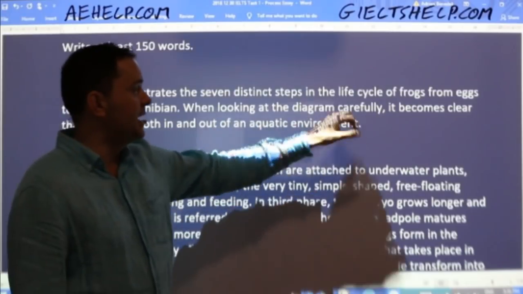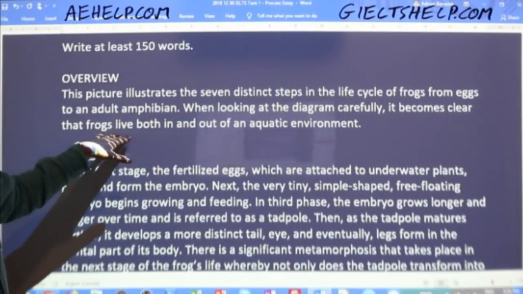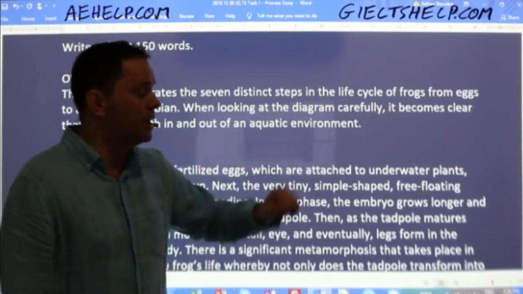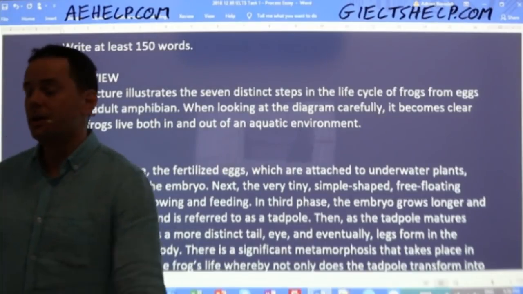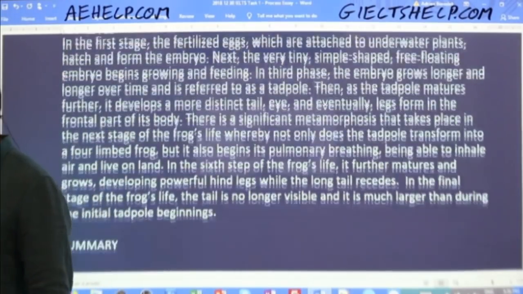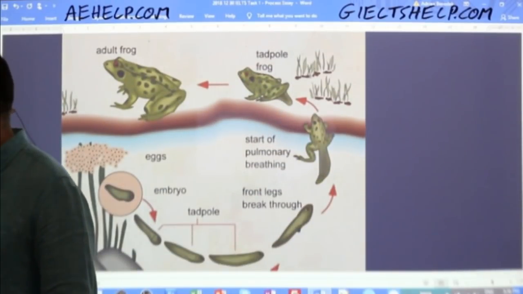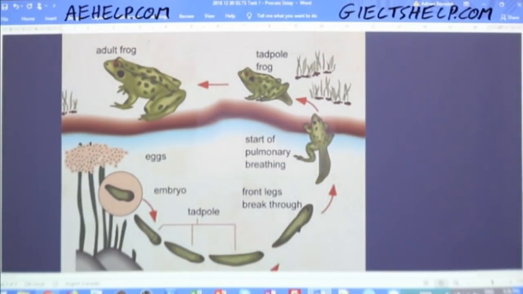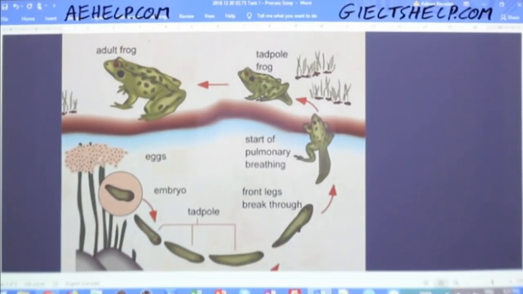When looking at the diagram carefully, it becomes clear that frogs live both in and out of an aquatic environment, of course, which is described by amphibian as well. So that's great. That's a good overview. We can state something for this summary. What can we state for the summary? What is something very interesting that we can observe clearly in summary by looking at this diagram.